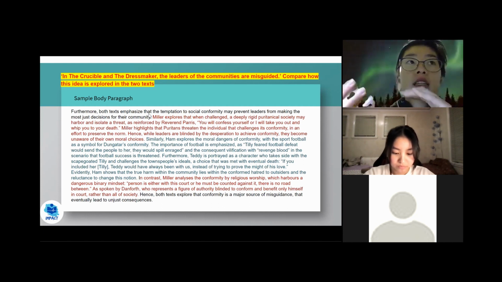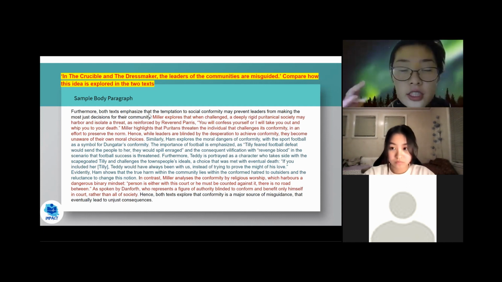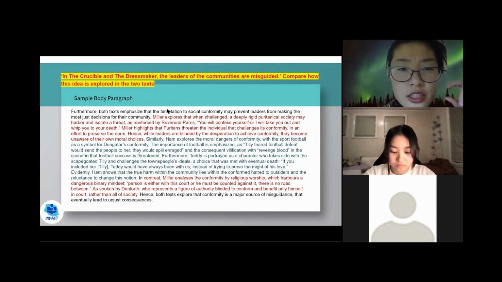They neglect being a morally just leader, or the expectation of being a morally just leader and making the most morally just decisions for their community, which is a theme that's explored through these two texts.